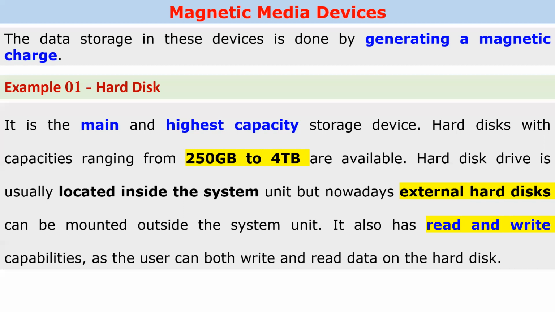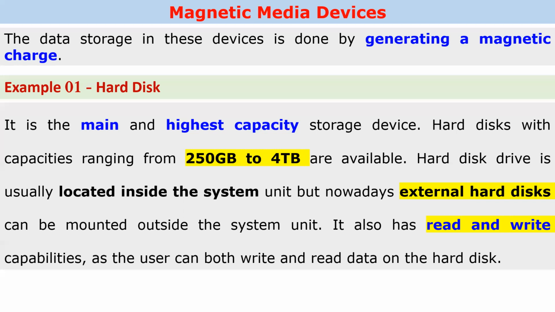A hard disk is a device that is capable of doing the operations read and write. Read means getting data from the disk. Write means we save something to the disk.